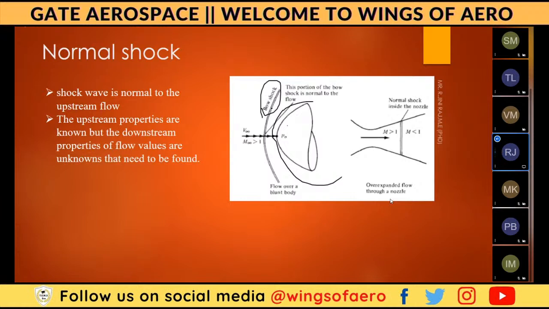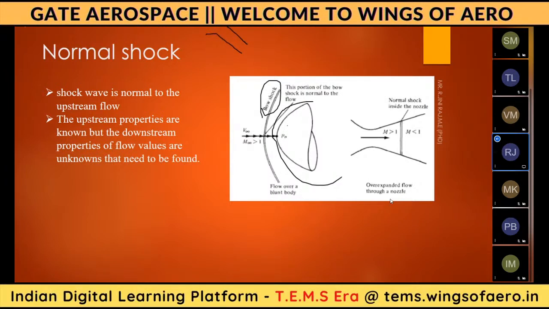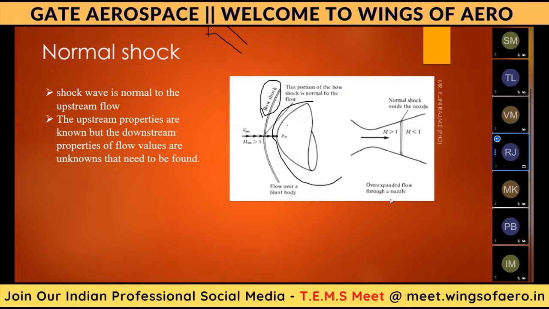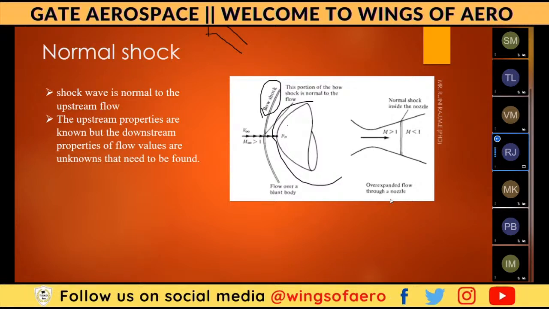Actually, see, consider a tube like this. Simple. We know in aerodynamics, if you want to calculate the flow properties in our area, we should draw a control volume, right?